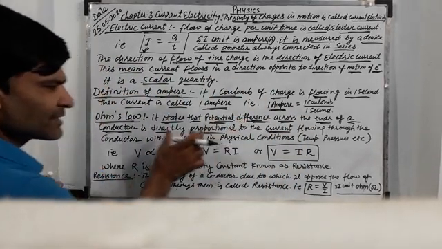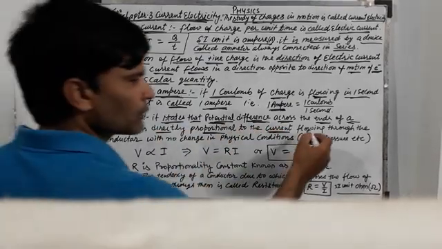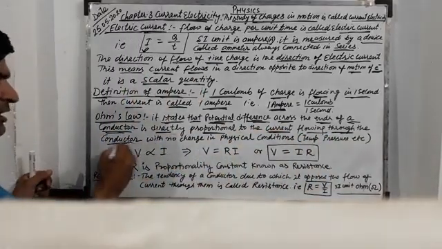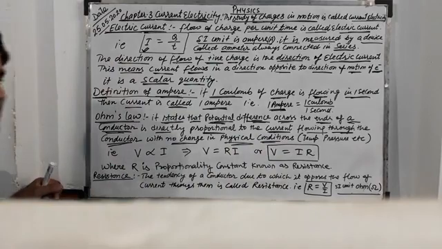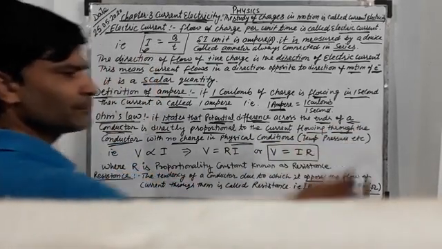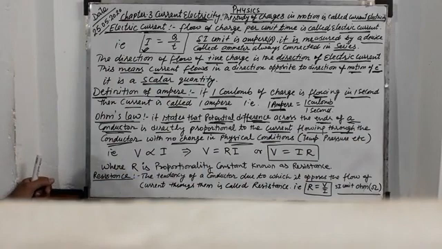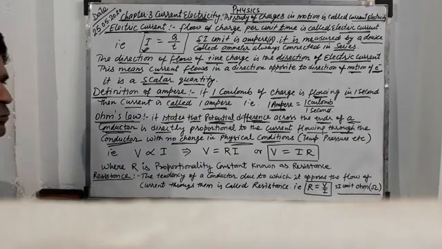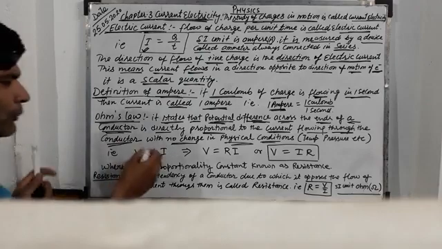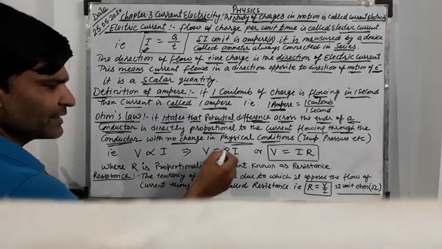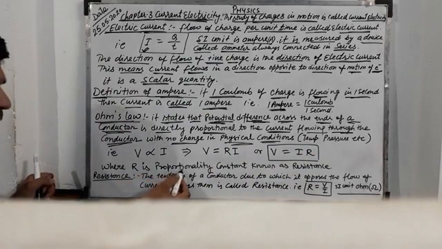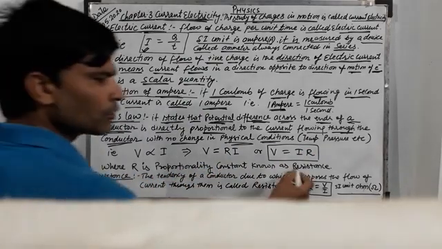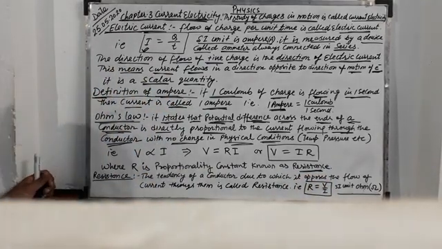That is, V is proportional to I. If we remove the proportionality, then we get V is equal to IR, where R is a proportionality constant known as resistance.